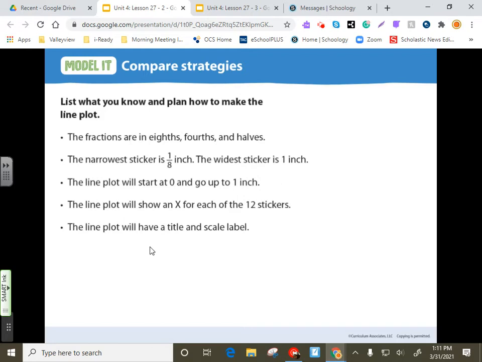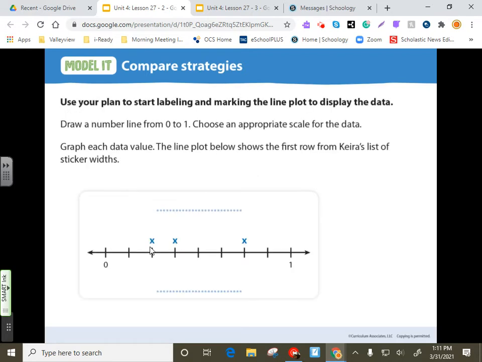In fact, right here, what we will do is put a title for this as sticker width, and then like down here below it, we're going to do our width in inches.